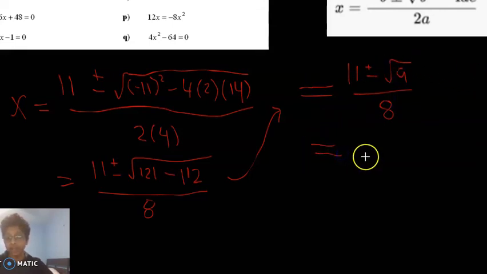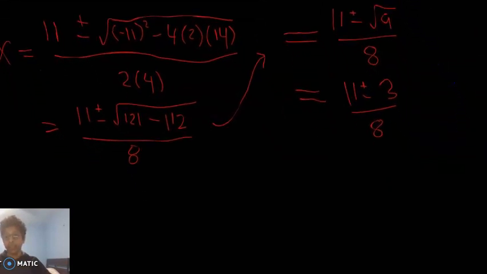We can simplify this even further because the square root of 9 is 3. So we have 11 plus or minus 3 divided by 8. The plus or minus means 2 answers.